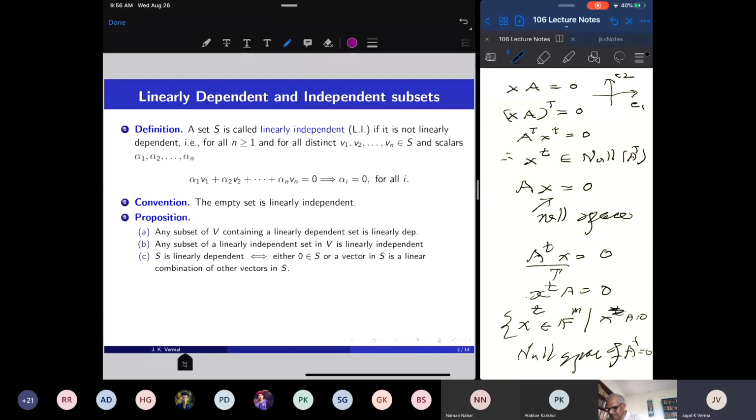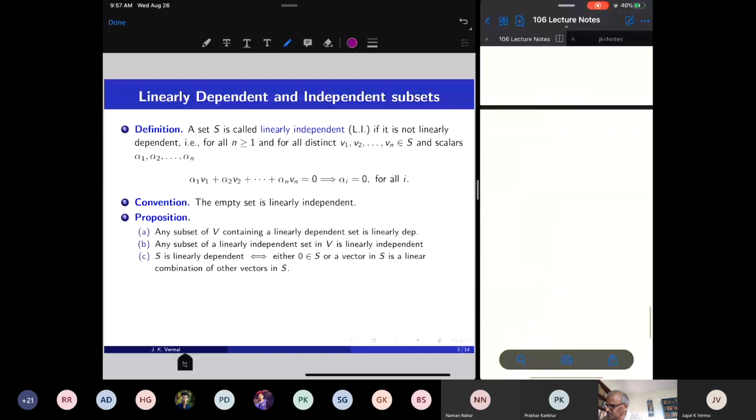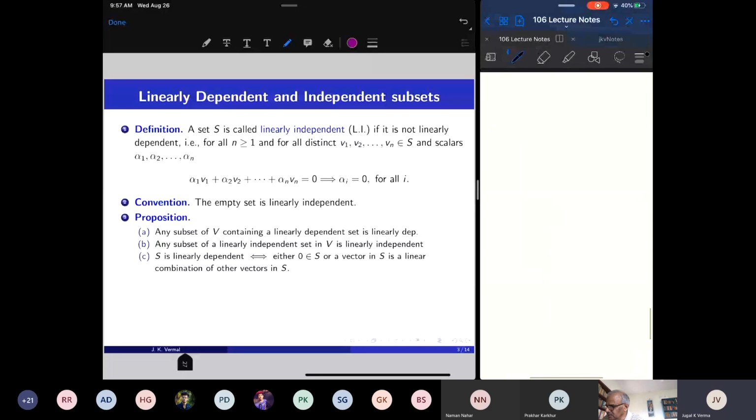So if the given set doesn't have the 0 vector and it is still linearly dependent, which means I have a non-trivial linear combination of vectors which produces the 0 vector. Suppose I had 3 vectors u, v, and w, and a non-trivial linear combination alpha u + beta v + gamma w produces the 0 vector.